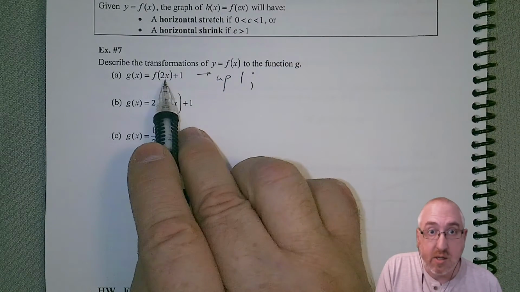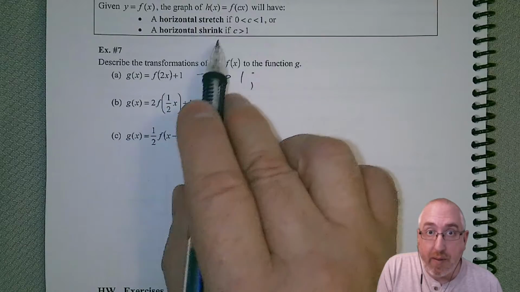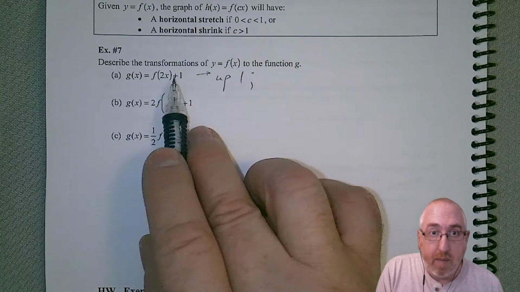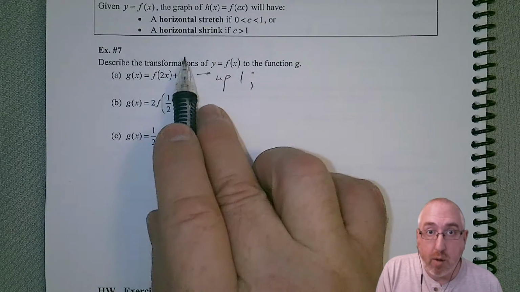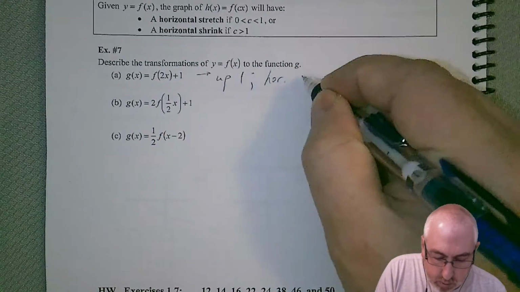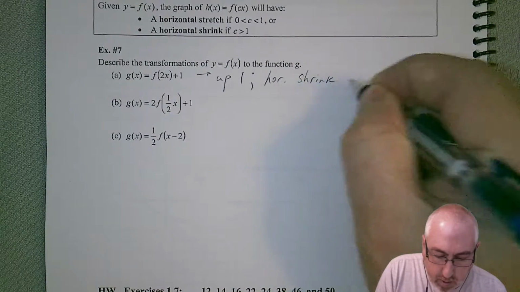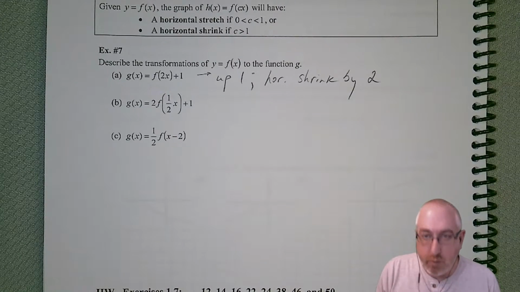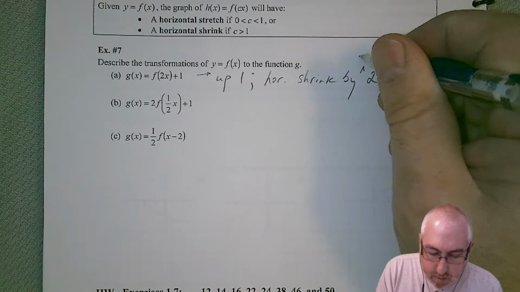And then since the 2 is inside, we know that is a horizontal distortion. Because it's greater than 1, we know it's a horizontal shrink. So this is going to be a horizontal shrink by a factor of 2, is another way they say it.